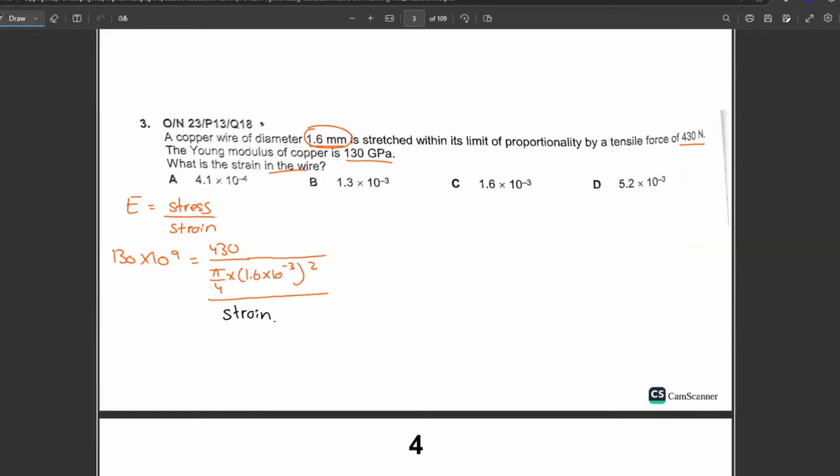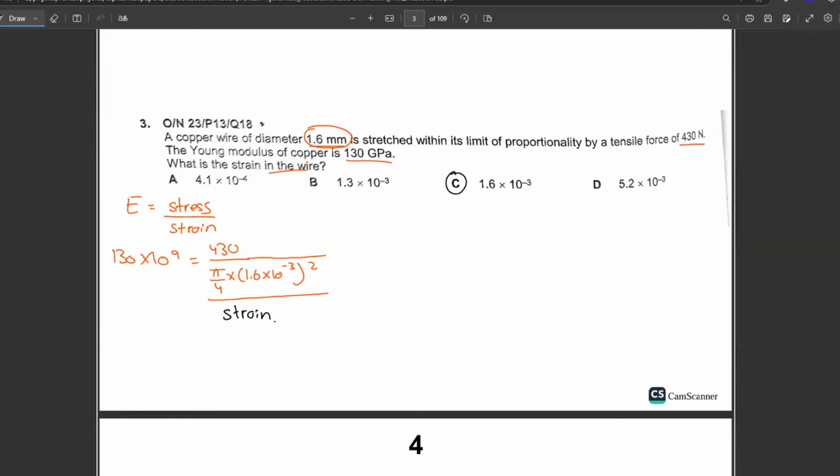And you can also consecutively calculate the strain here as well. Divide the answer by 130 times 10 raised to the power of 9. The strain comes out to be 1.64 times 10 raised to the power of minus 3.